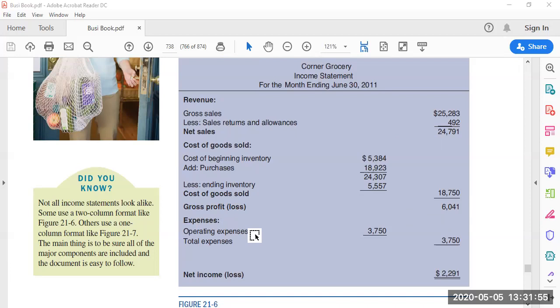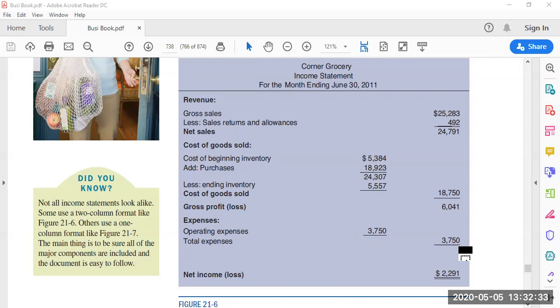Companies sometimes like to itemize their different operating expenses to understand where their expenses are, and when we get into our analysis of the income statement, you might want to know from one period to the next how we are performing and what our different expenses are. But in this case, we list those operating expenses as one line item and then a single underline, because that means that's the end of our operating expenses. And then the total expenses goes over in the far right column.